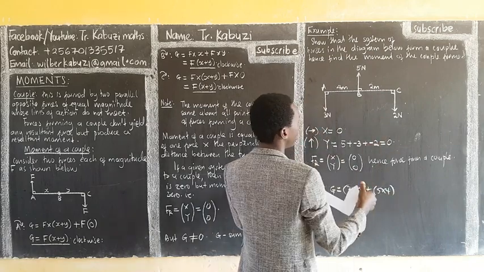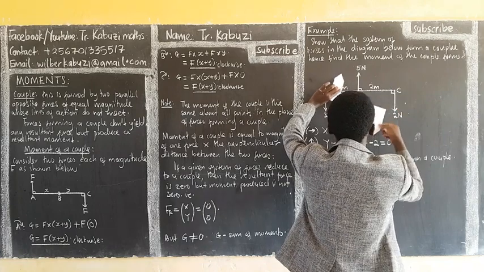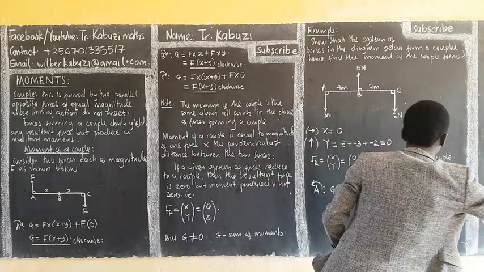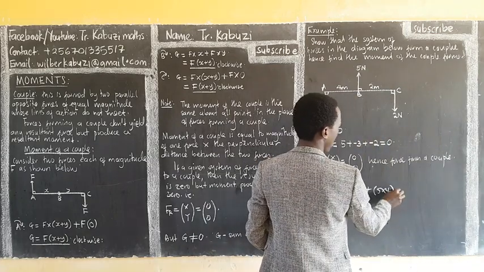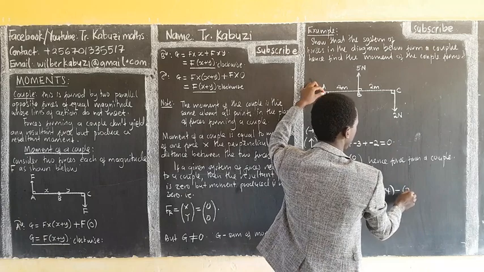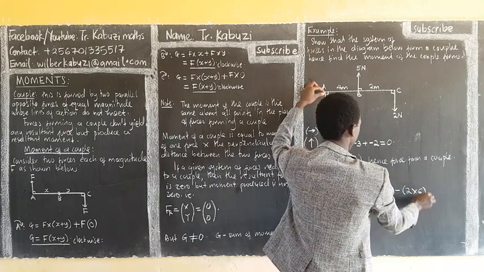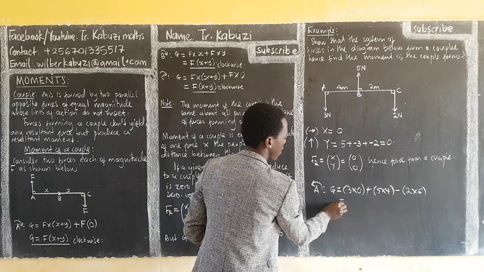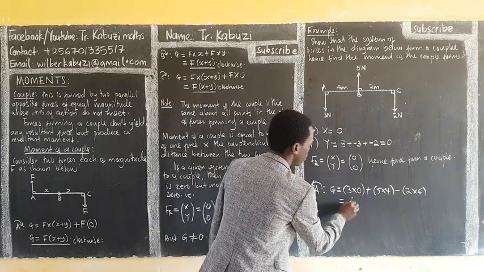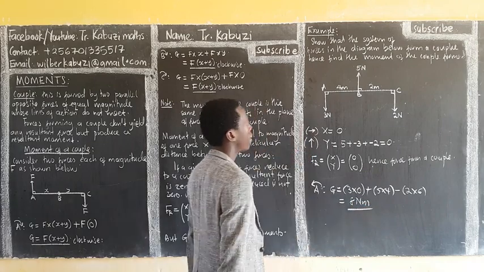Then this other one is clockwise, so that's where I attach a negative. So then minus 2 times 6. And our sum is going to be 20 minus 12, which will be 8 Newton meter. So that is the sum of moments.